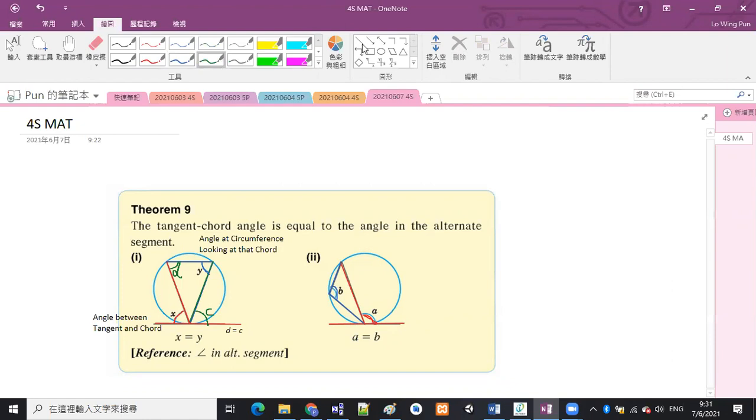For the same reason, if I consider this green line and this angle between the tangent and the chord to be C, then there will be an angle at circumference also looking at this chord, but on the opposite side of the circle. This will be D. And then we know that C will also be equal to D, like this.